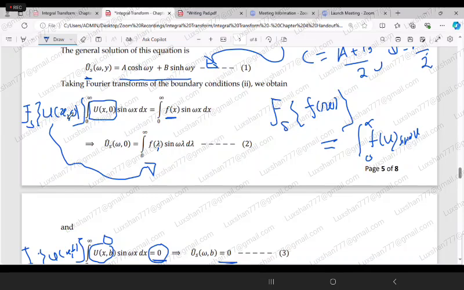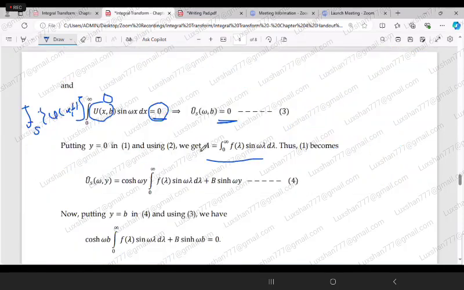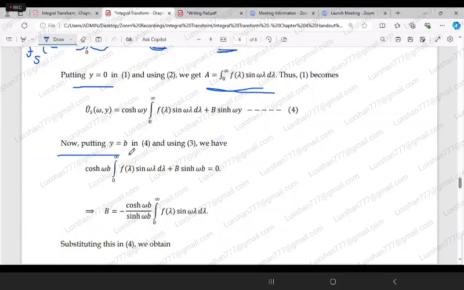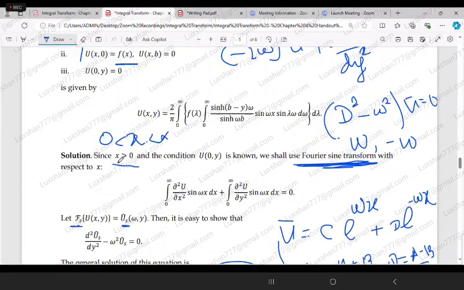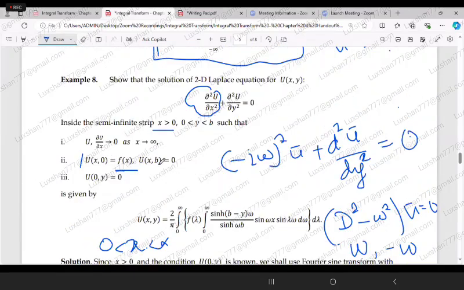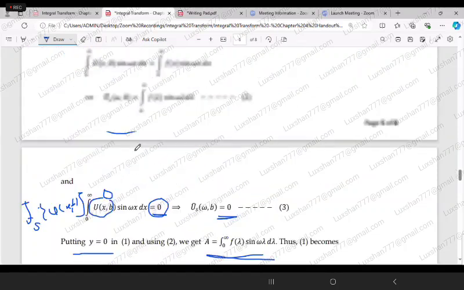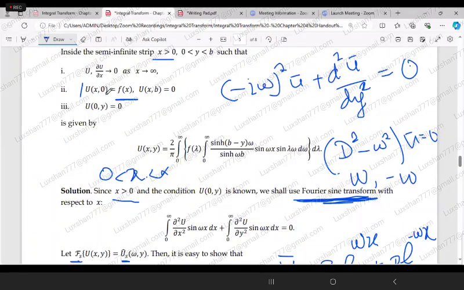We are converting the conditions in terms of u bar, then finding A and B. First we put y equals 0 and find A. Then we put y equal to b, because we are given conditions at y equals 0 and y equals b. Actually, these are not all initial conditions. This one is the initial condition.